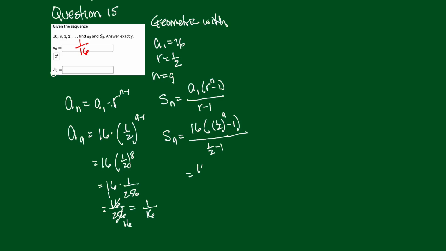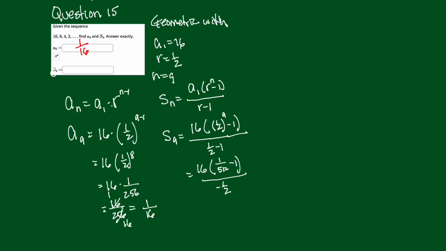So this will give us 16 times 1/2 to the 9th, which is 1 over 512, minus 1, all over 1/2 minus 1, which is negative 1/2.